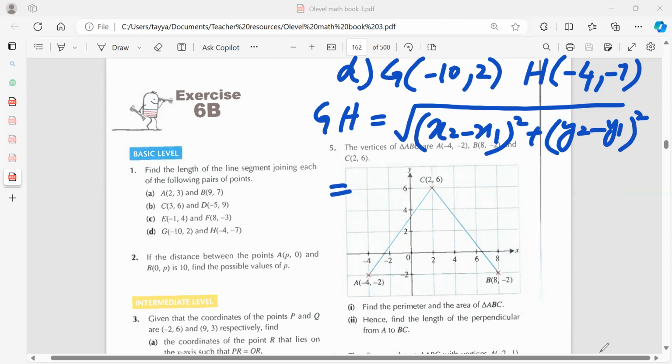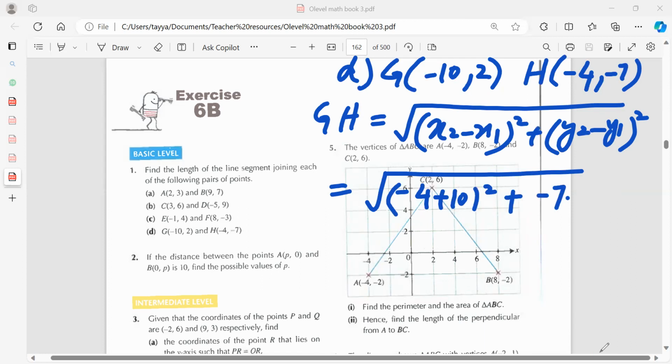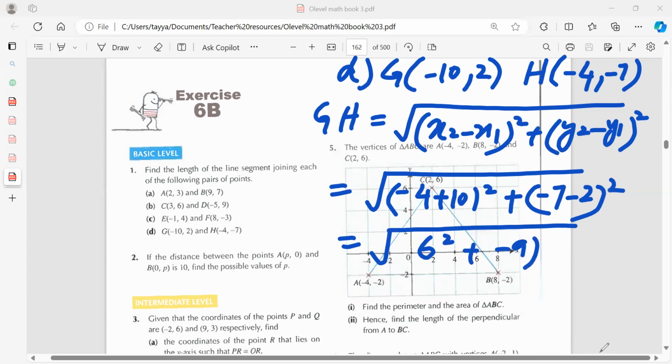Okay, x2 is minus 4 plus 10, because minus minus will be plus. And then minus 7 minus 2. It is 6 square, and this one is 9 square. Then it is 36, and this one is 81.